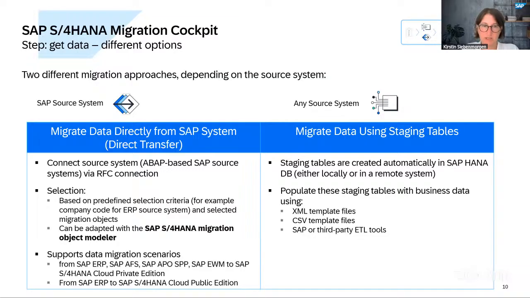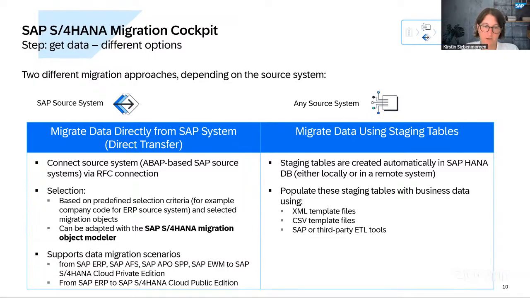That's possible. And if you want to fine-tune the selection, you can do so also in the SAP S/4HANA Migration Object Modeler. We support different migration scenarios here. If we are going to SAP S/4HANA or SAP S/4HANA Cloud Private Edition, the source system can be an ERP source system, an AFS system, an APRO system, or an EWM system.